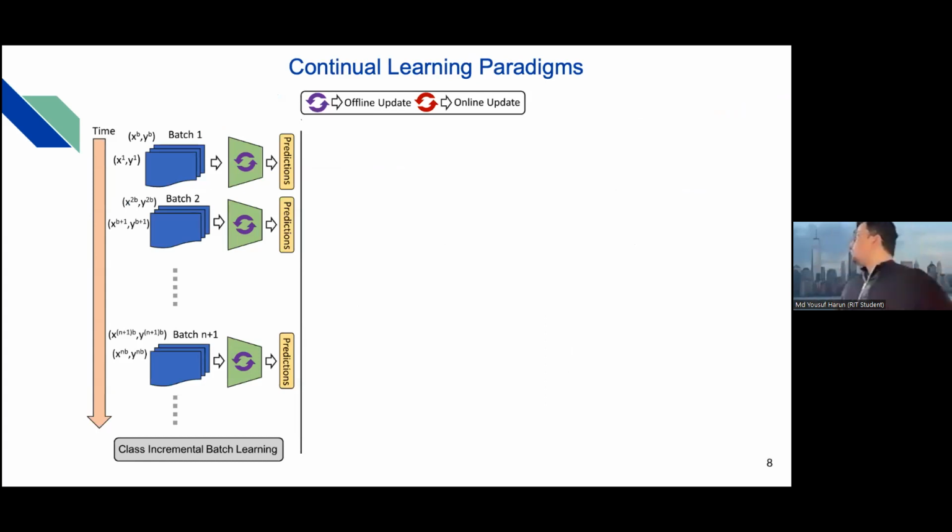So the one on the left is a widely studied continual learning paradigm, which is class incremental batch learning. Over time, a model receives a batch of data that can contain mutually exclusive categories, and then it has to adapt to that batch.